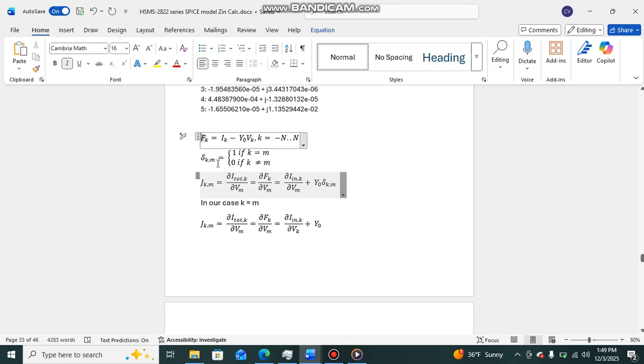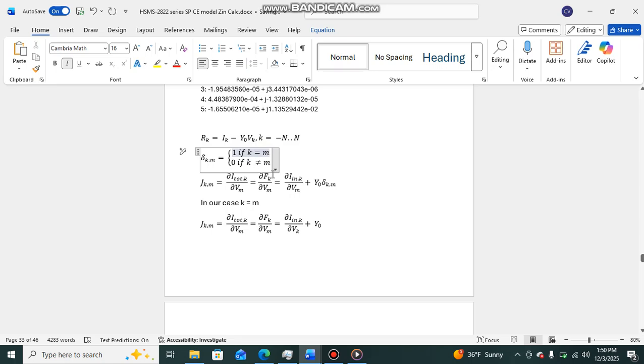Alright, so Fk, which is just the residual, this could be R instead, is Ik minus Vk. The Kronecker delta applies if k is equal to m, and in our case that is 1.